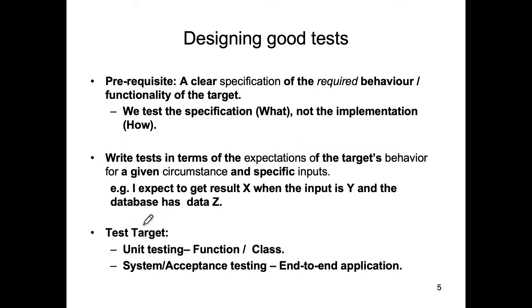So our test target is a term that we talk about. If you're talking about a unit test, as I said, it's either a function or a class. If it's system testing, then it's the entire end-to-end application.